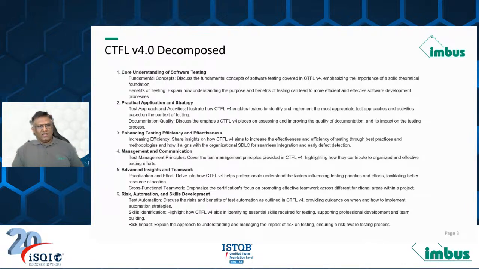Okay, so if you look at decomposing the version 4 syllabus, we talk about some of the best practices, some of the strategies, ensuring the effectiveness and efficiency of using the test approaches, communication, which is key, teamwork, and finally using tools. Okay, so my webinar today would be focused on these 6 items or topics.